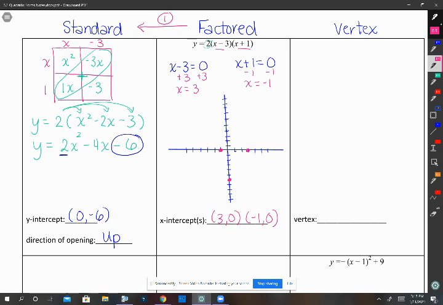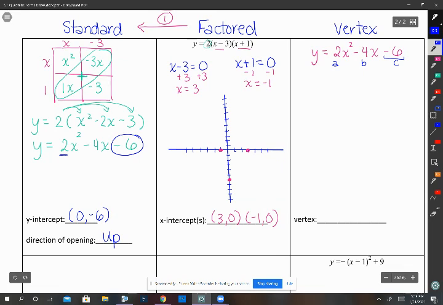So when I go to vertex form, I'm going to take my standard form. So y is equal to 2x squared minus 4x minus 6. And we're going to remember that this is my A value, this is my B value, this is my C value, right? So we're just talking about the numbers that are in front.